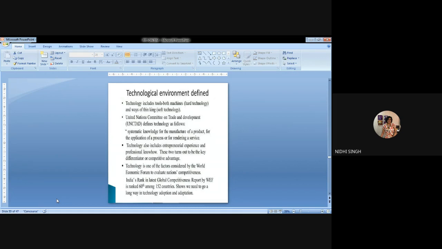Technology also includes entrepreneurship, experience and professional know-how. And technology is one of the factors considered by the World Economic Forum to evaluate nations' competitiveness. Obviously, the nations running with high technology, developed or developing, that difference. There is a technological factor also to measure.